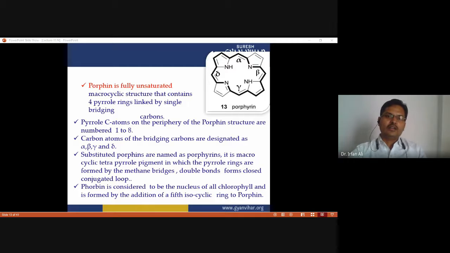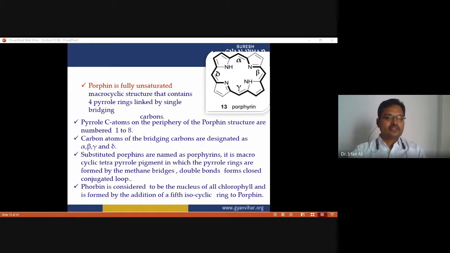There are four pyrrole rings in the structure of chlorophyll, that form pyrrole carbon atoms on the periphery of the chlorophyll structure, numbered 1 to 8. And the carbon atoms of the bridging carbons are designated as alpha, beta, gamma, and delta.